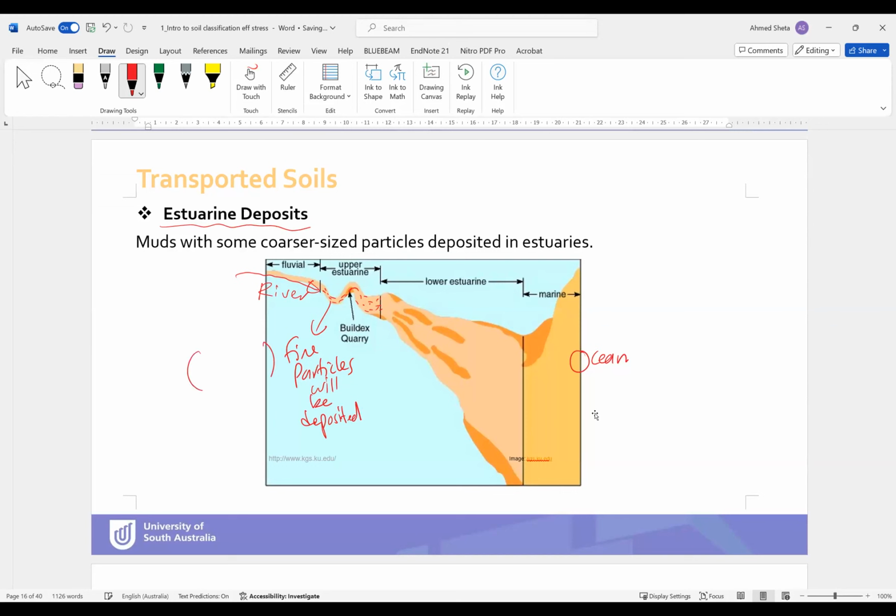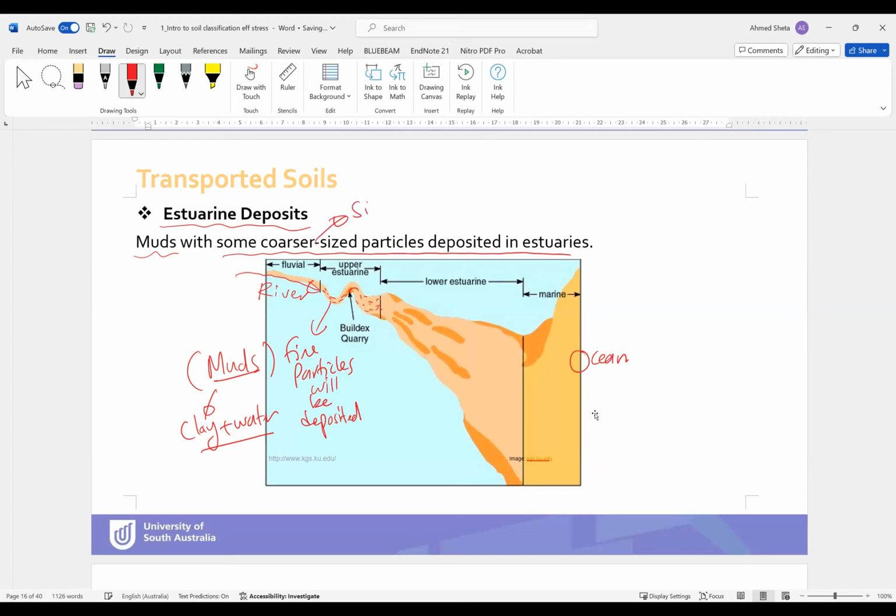These fine particles can be considered as muds, because it is clay plus water, so it is mud or fine particles. So these are muds with some coarser sized particles deposited in estuarine stories.